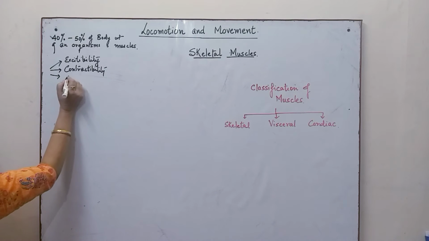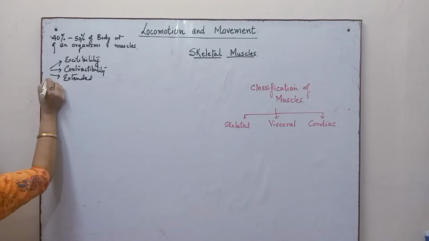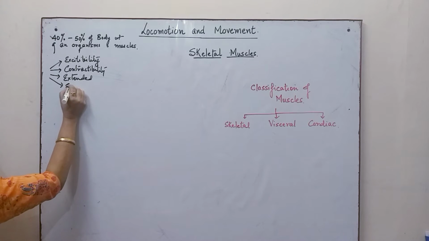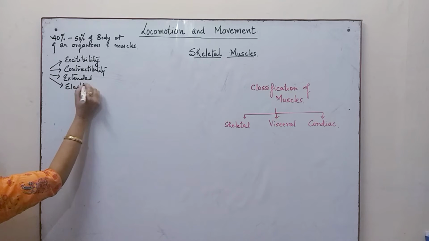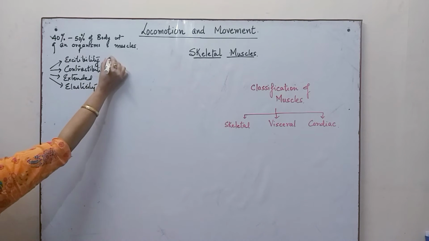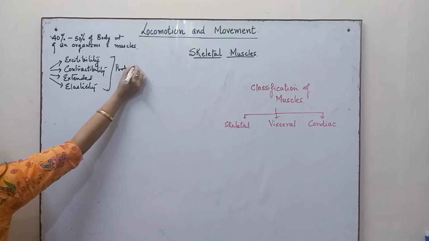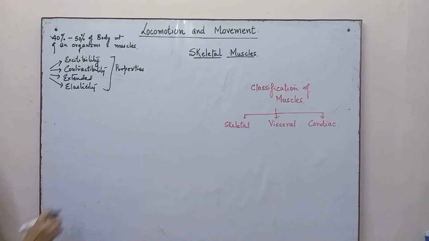Also, they can get extension. So they show the property of extension. And another important property is elasticity. So we see that these are the various properties which are shown by the muscles, and these properties help in bringing about the movement in the organism.